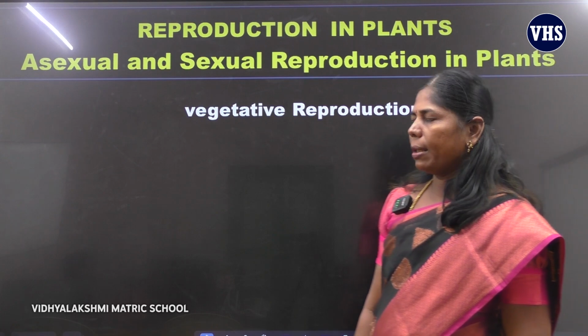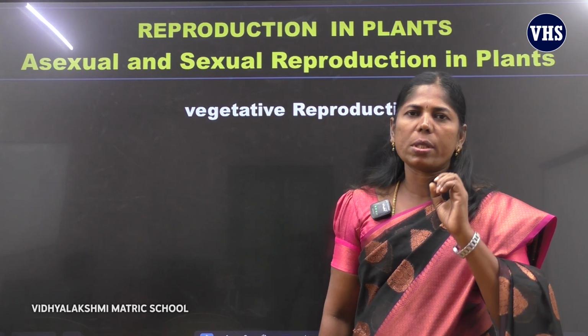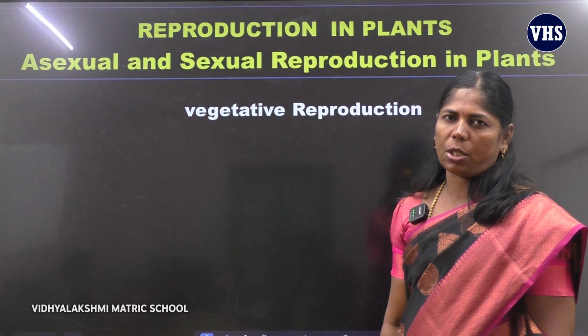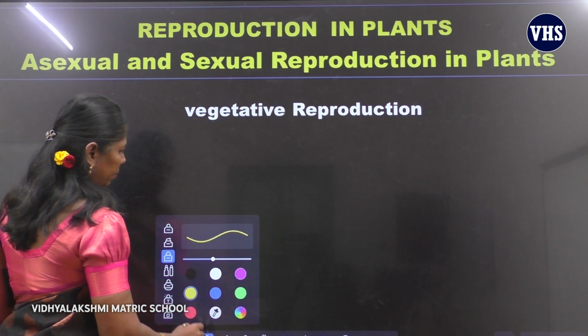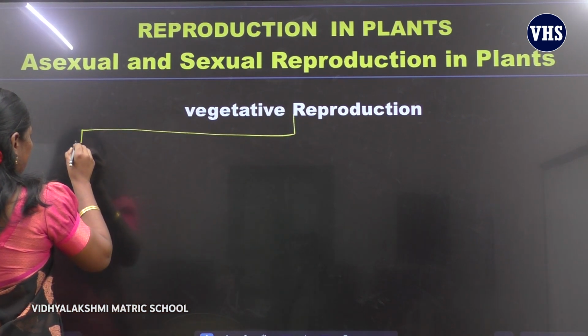Next we are going to see vegetative reproduction. Now we have seen what diaspores and reproductive propagules are. Let us look at a small schematic structure of this. Vegetative reproduction is divided into two.